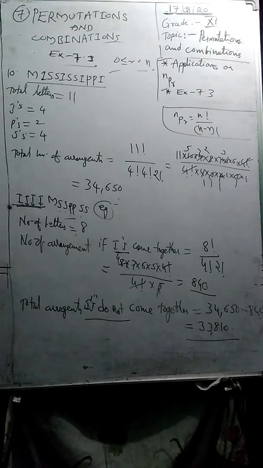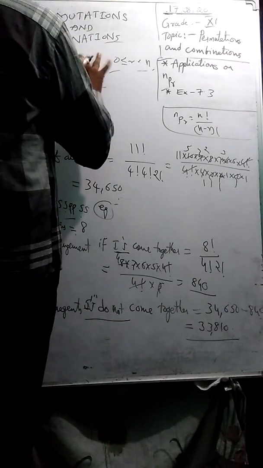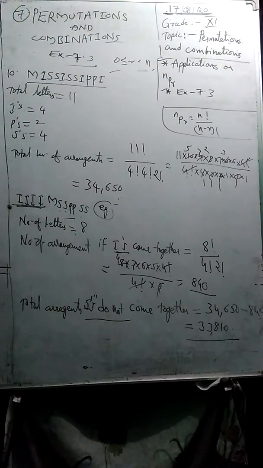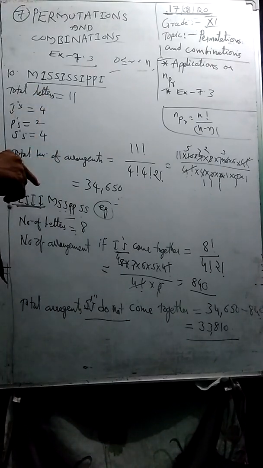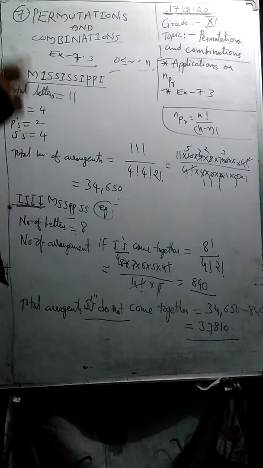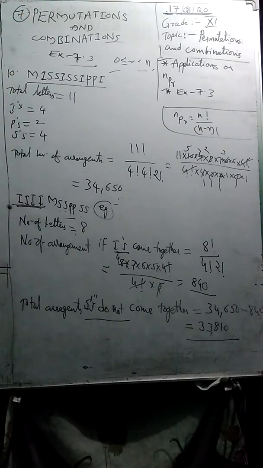So keep in mind, read the question thoroughly and apply the appropriate formula. In permutation and combination, depending on the situation, we use the formula. So before solving any question, read it thoroughly and apply the appropriate formula to get the exact answer.